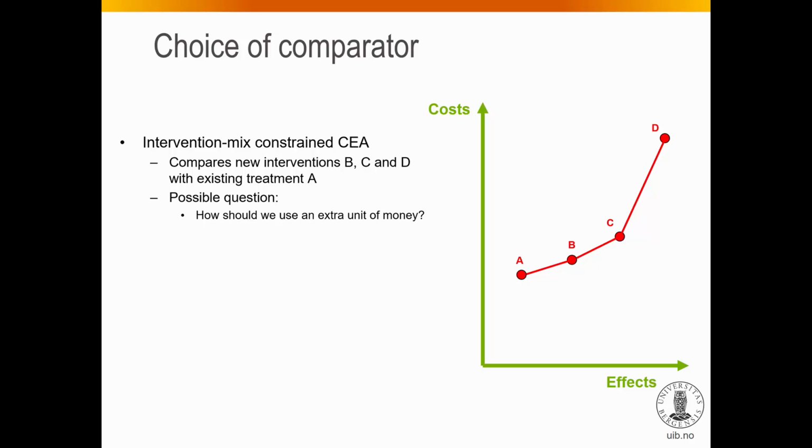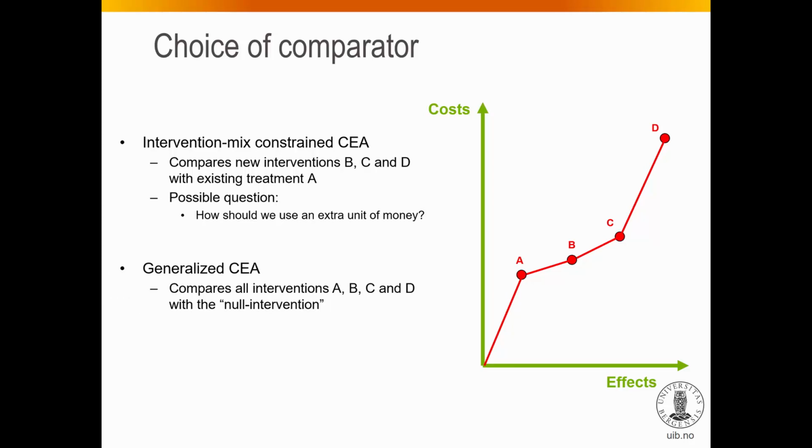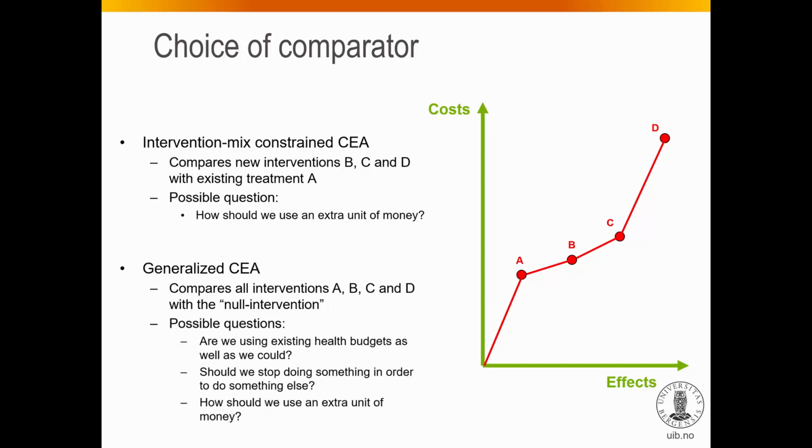Now, the other approach to this is to do a so-called generalized cost effectiveness analysis, where A, B, C, and D are compared to the null intervention. So now we assume that it's possible to do nothing, to forget about A that we are currently doing and compare with nothing, the null intervention. Now, the possible questions are broader. We can ask, are we using existing health budgets as well as we could?